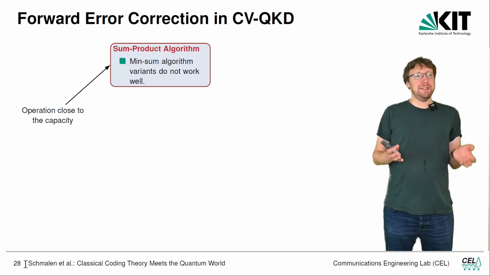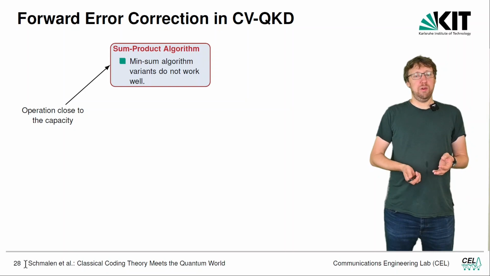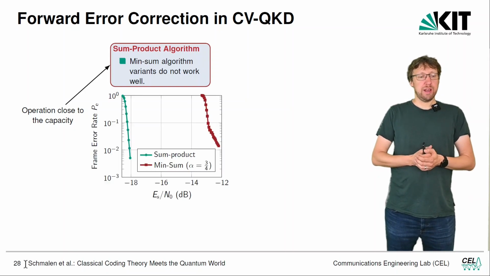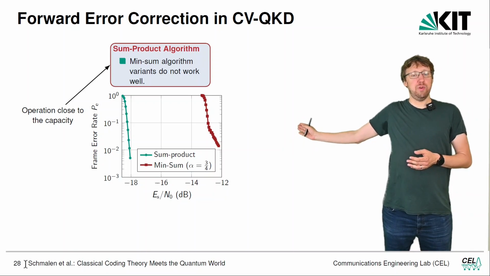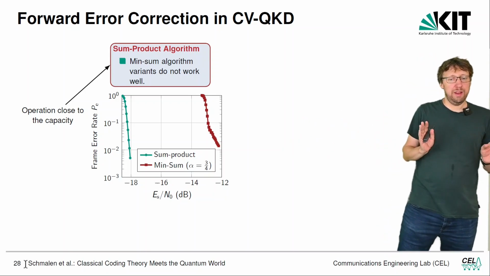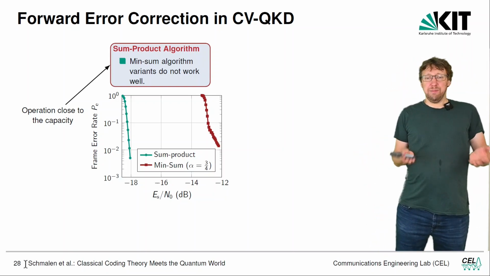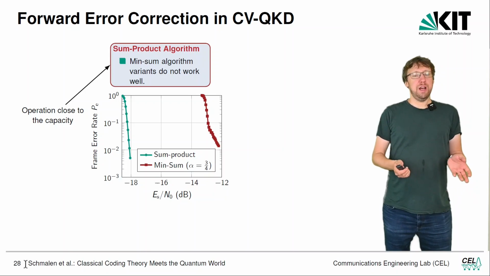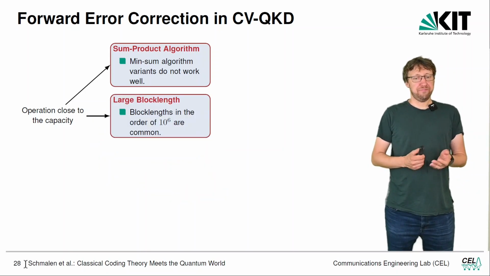Unfortunately, at very low SNRs, this min-sum algorithm doesn't work well anymore. So here you can see a simulation result. We compare the min-sum with the sum-product algorithm, and we see a difference of roughly 5 dB. So with the min-sum decoder, we have challenges, so we need to find new simplified decoders.